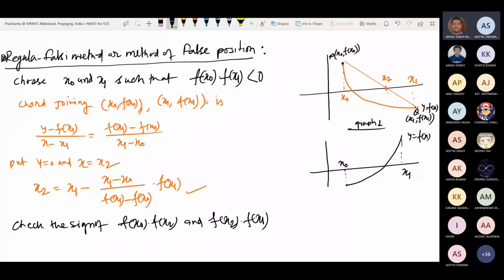Check the sign of both these products, f of x0 into f of x2 and f of x2 into f of x1. Only one of them will be negative. Only one product will be less than 0. Yes or no?